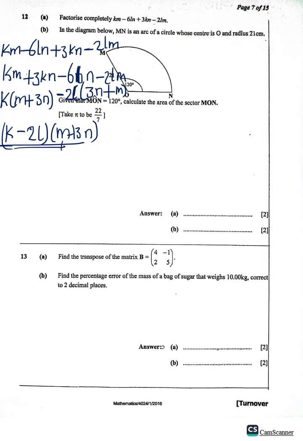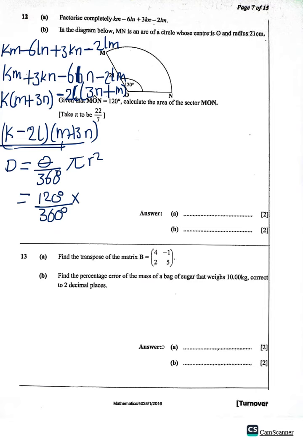So the formula for area of the sector is theta over 360 times pi r squared. So the theta is our angle. So our angle is 120 over 360 times pi.